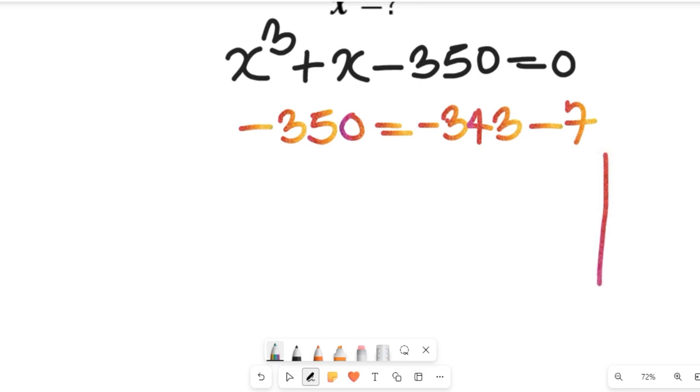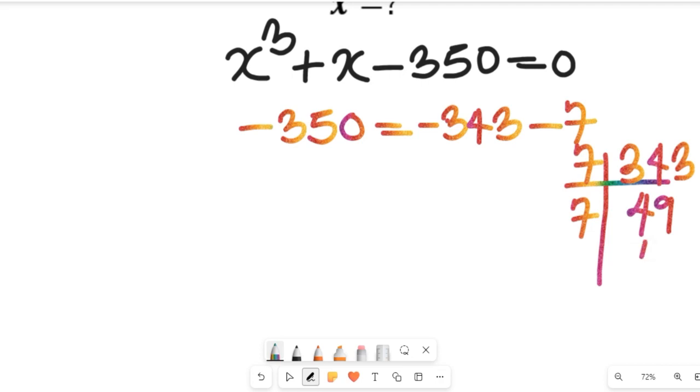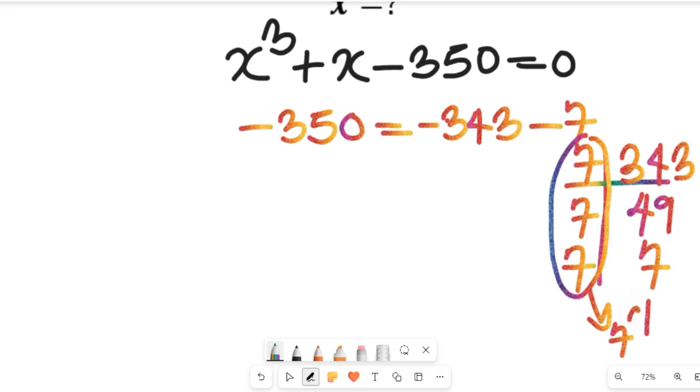Now let's analyze 343. If we analyze 343, you find out that 343 is divisible by 7, and that will give us 49. If 7 goes again, it will give us 7, and if 7 divides 7, we're going to have 1. So we have all this to give us 7 to the power of 3.